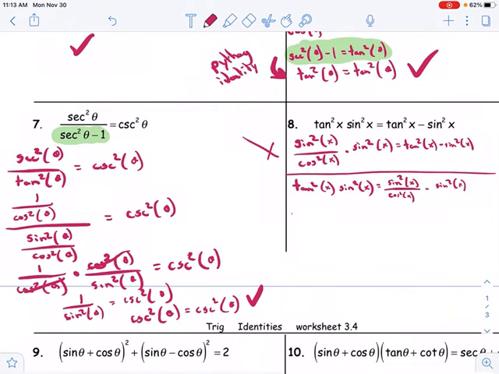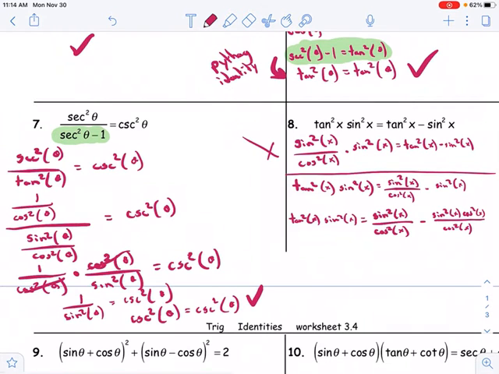So I need to say, okay, this is left-hand side staying as it was. On the right-hand side, I'm going to multiply that second expression by cosecant squared over cosecant squared. So this becomes sine squared x over cosine squared x minus sine squared x cosine squared x over cosine squared x.